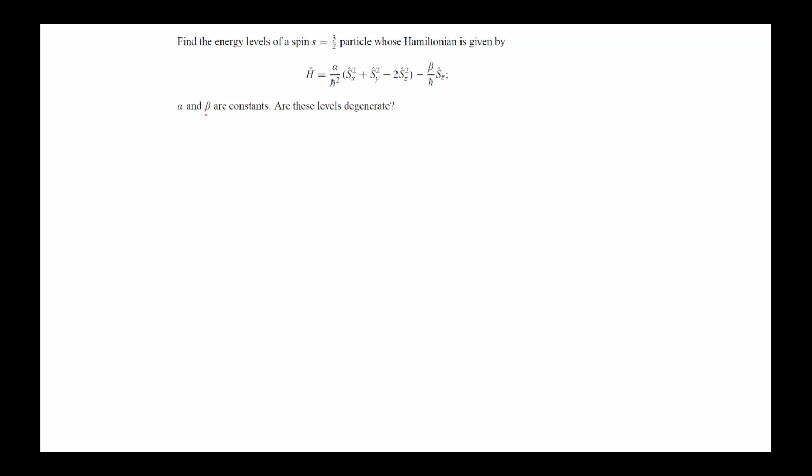So your Hamiltonian was given by alpha over h cross squared times Sx squared plus Sy squared minus 2Sz squared, minus beta over h cross Sz. Now you know your eigenfunction is basically |S, ms>. But Sx and Sy, it's not the eigenfunction of Sx and Sy.